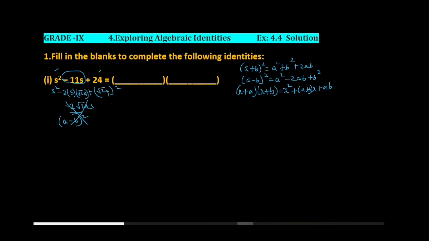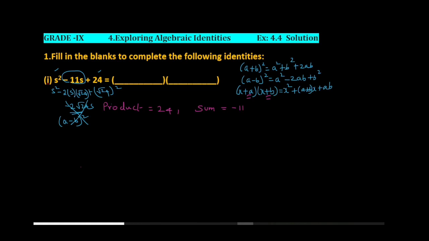So what to do for that? (x plus a)(x plus b) means we have two integers, a and b. We need to choose two integers whose product should be plus 24 and whose sum should be minus 11.